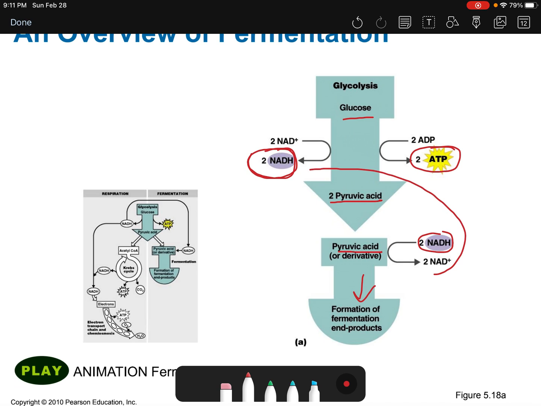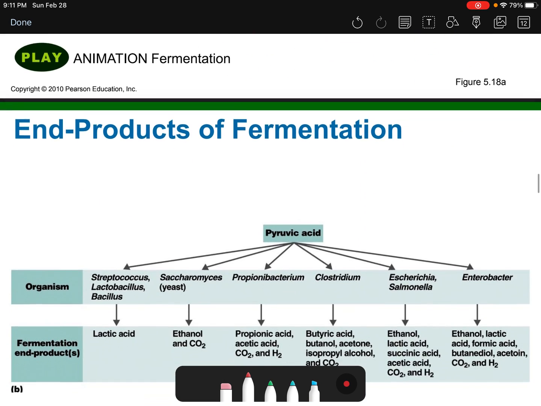So these get recycled back to glycolysis. Fermentation basically allows glycolysis to keep continuing because it keeps providing these electron acceptors back up here for glycolysis to occur. So fermentation itself does not produce any ATP. Glycolysis does, but fermentation does not. No ATP. So it is in the best interest of the bacterium to use aerobic respiration if it can, when oxygen is available.